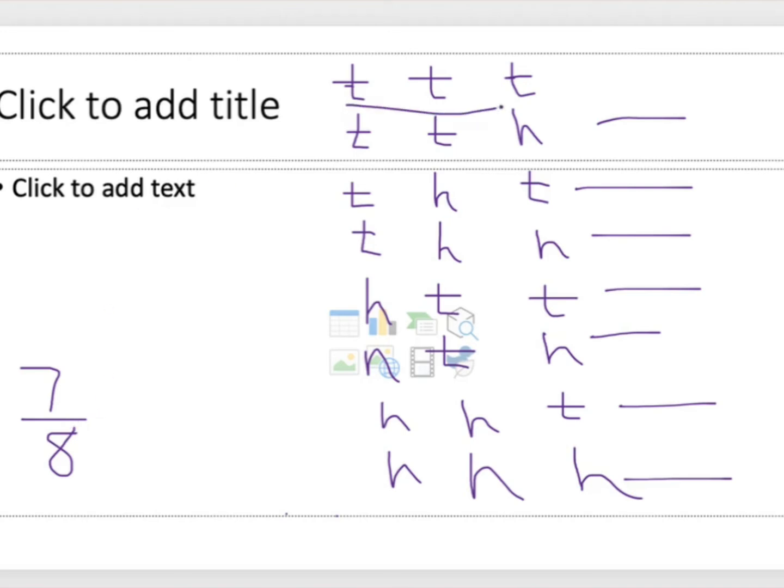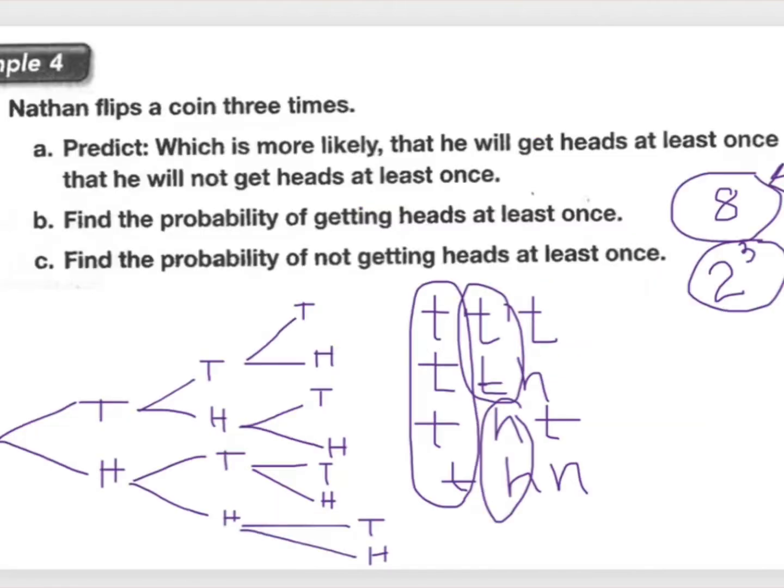And there's only one chance that you're going to get no heads, and that's tail, tail, tail. So no heads means 1/8. You have a lot more probability to get 1 head than you do to get no head. All right. So then it says find the probability of getting heads at least once, which we did find was 7/8. Find the probability of not getting heads at least once, which we found out was 1/8.